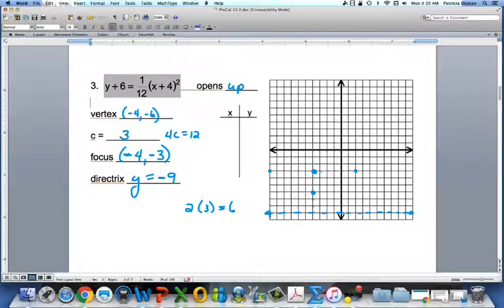And so those will be located at negative 10, negative 3, and at 2, negative 3. And then we can draw in the parabola. So far so good, I hope. Alright, so let's move down.